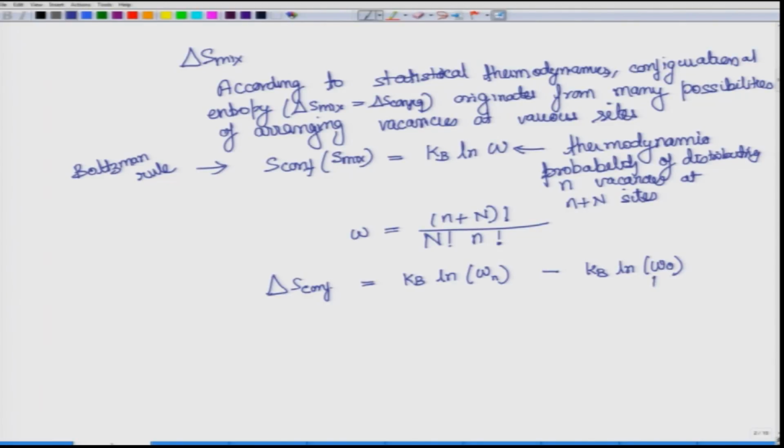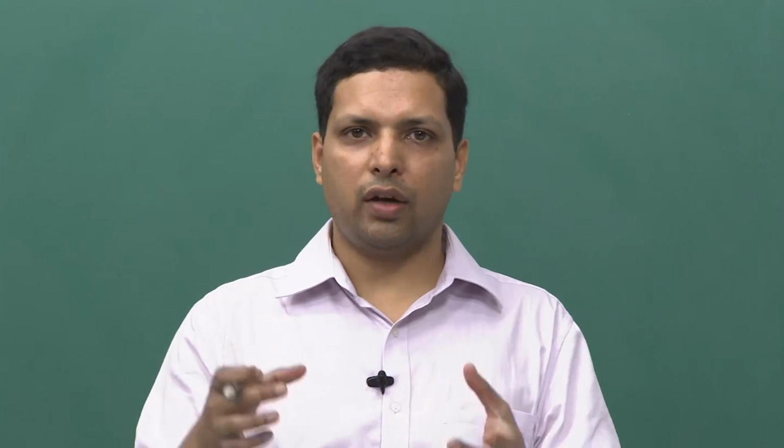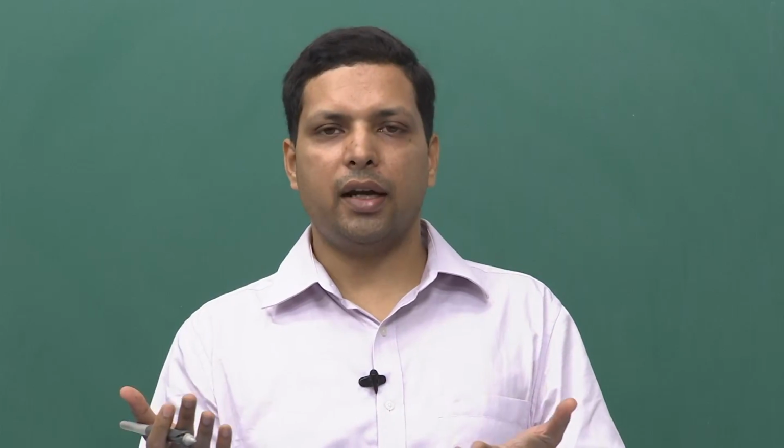W 0 is number of ways of arranging 0 vacancies. Even if we talked about 1 vacancy, it would become lot more ways, but we are talking about 0 vacancies. So, now just imagine that there is a perfect crystal and you want to add 0 vacancy, meaning no vacancy into it, meaning the overall site remains as it is.